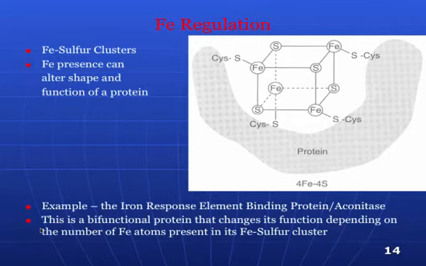Last time we talked about iron sulfur clusters, and we said that cells can make clusters called 4 iron 4 sulfur clusters. Proteins use these clusters to assume a specific structure so they can function in a specific way. Aconitase uses a 4 iron 4 sulfur cluster like this one here. So for example, you could say this protein would be aconitase, and we said that aconitase is a Krebs cycle enzyme.